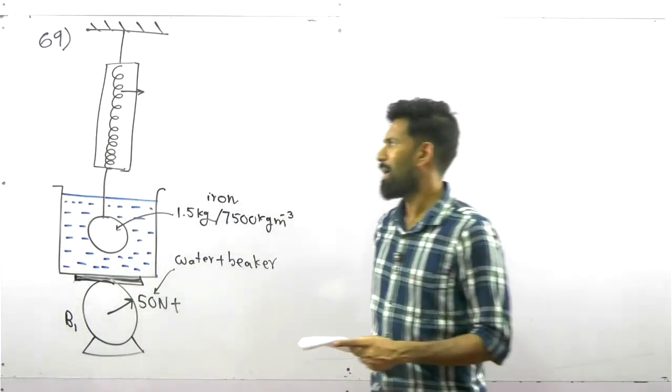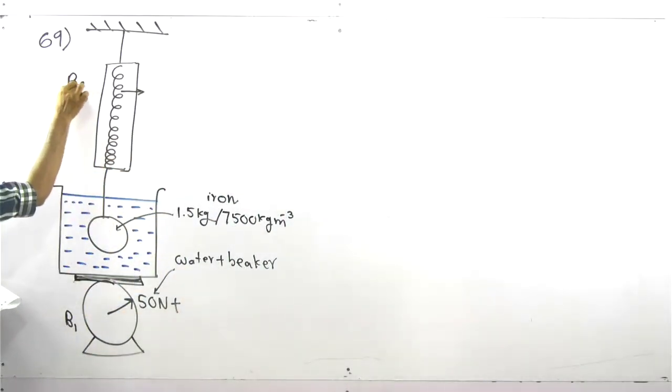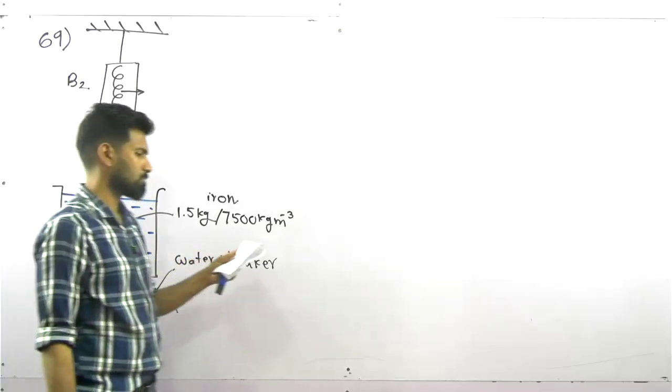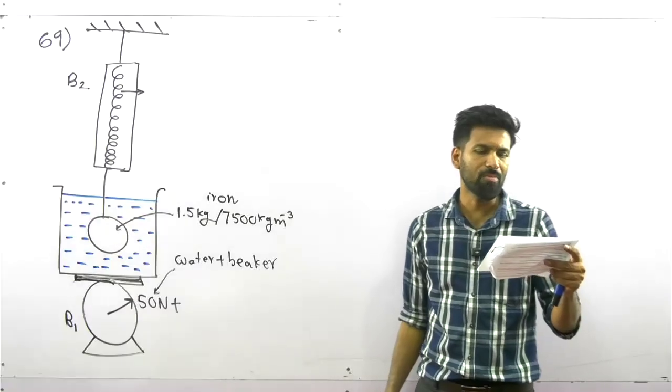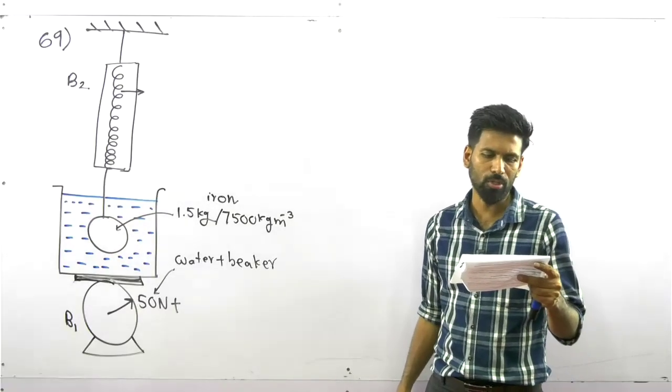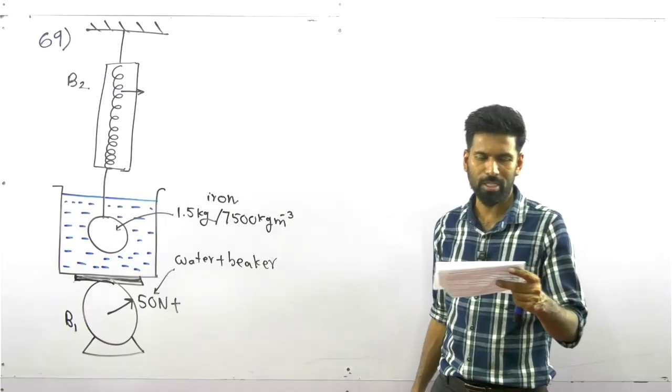It's suspended from the balance B2, where the iron block is completely immersed in the water without touching the bottom of the beaker. Find the readings of the balance B1 and B2 respectively.